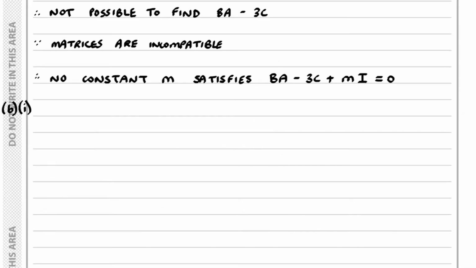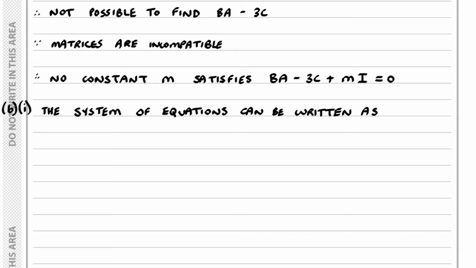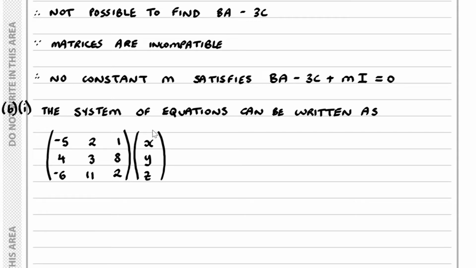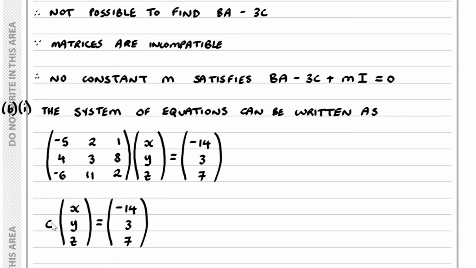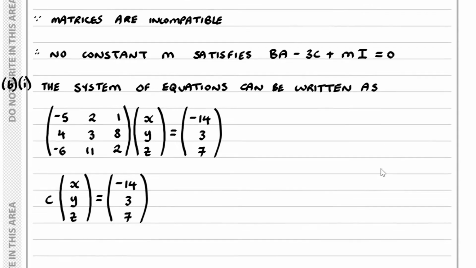Our system of equations can be written as this matrix, which are the coefficients of x, y, and z, multiplied by the variables x, y, z, and that's equal to the vector minus 14, 3, 7. At this point you can recognise here we have the matrix C multiplied by x, y, z, and that's equal to minus 14, 3, 7.